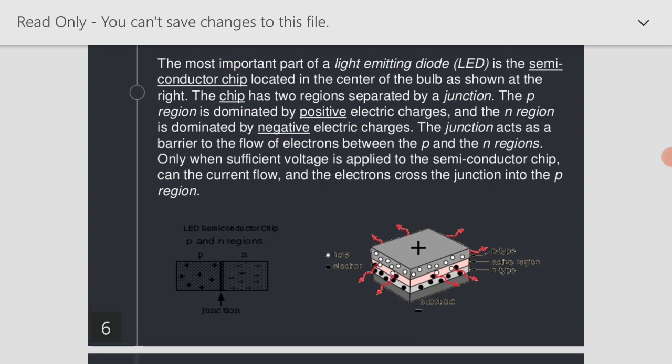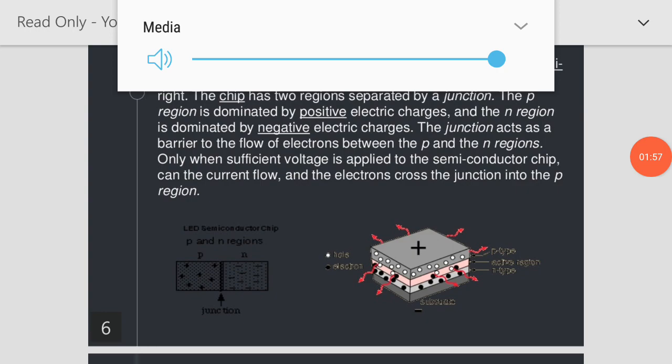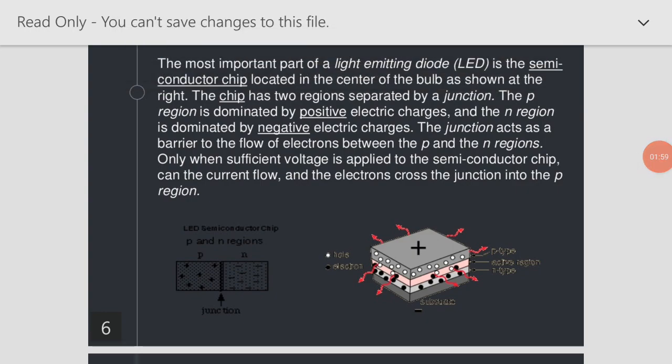In the LED semiconductor chip, as shown in the figure, the P and N junctions, P type having holes and N type having a majority of electrons. The PN region is joined by using a junction. The most important part of a light emitting diode, LED, is the semiconductor chip located in the center of the bulb as shown on the right.